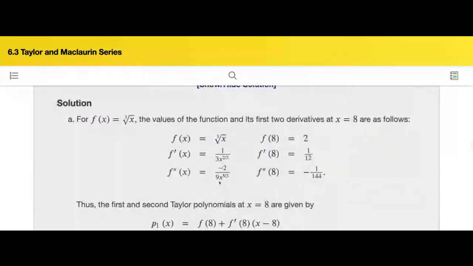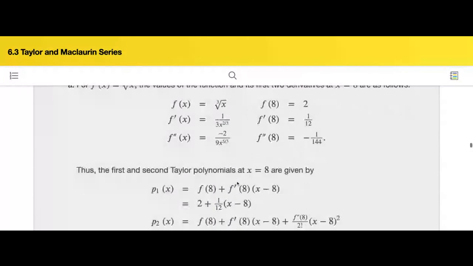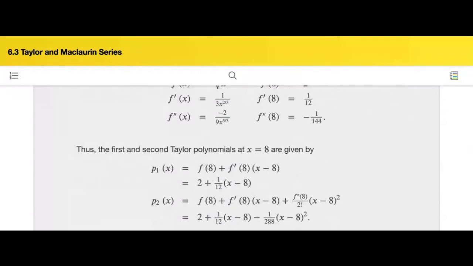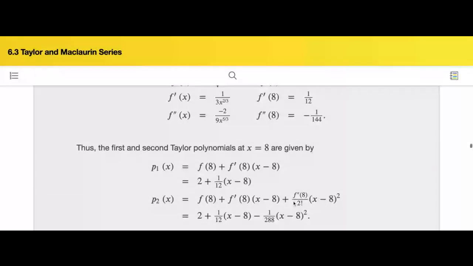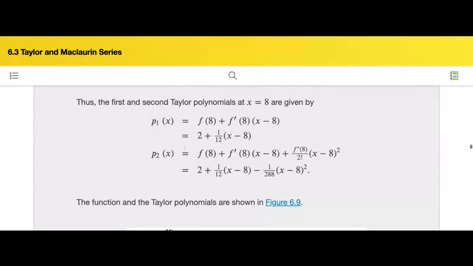We calculate the derivatives. We evaluate at the center. With linear order, we get a linear function. With second order, we get a quadratic function. Then they just become a function, and we can use this function to approximate a value very close to it.